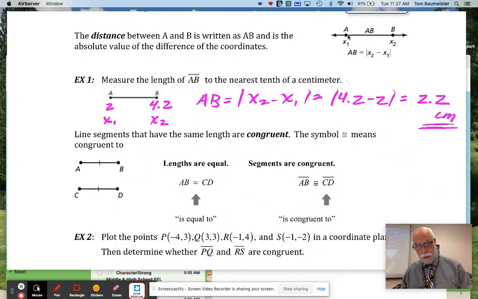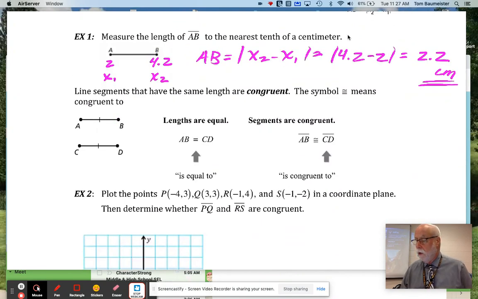Okay? Line segments that have the same length are congruent. This symbol looks like an equal sign with a squiggle over it. That means congruent too. We can also tell that they are congruent by tick marks. So this right here in between the A and B is a tick mark.